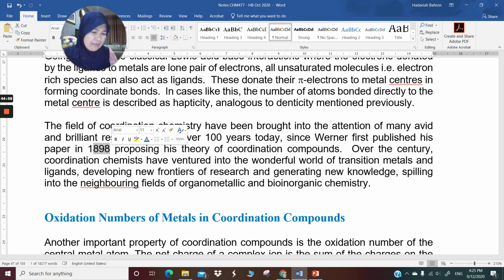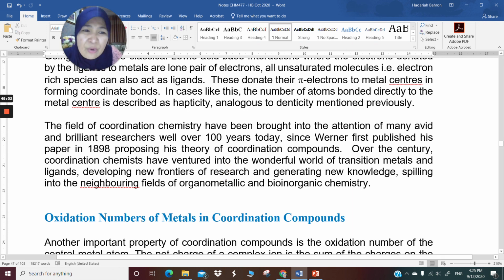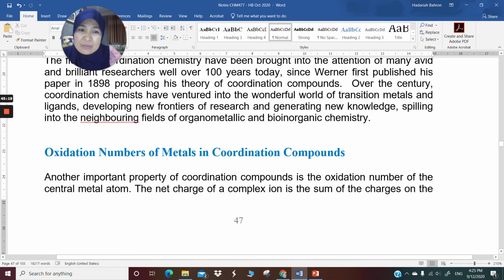Oh, I don't even have a calculator in my phone. Yeah, many, many years ago. Over the century, more than 100 years ago, chemists have ventured into the wonderful world of transition metals and ligands, developing new frontiers of research and generating new knowledge, spilling into the neighboring fields of organometallic and bioinorganic chemistry.